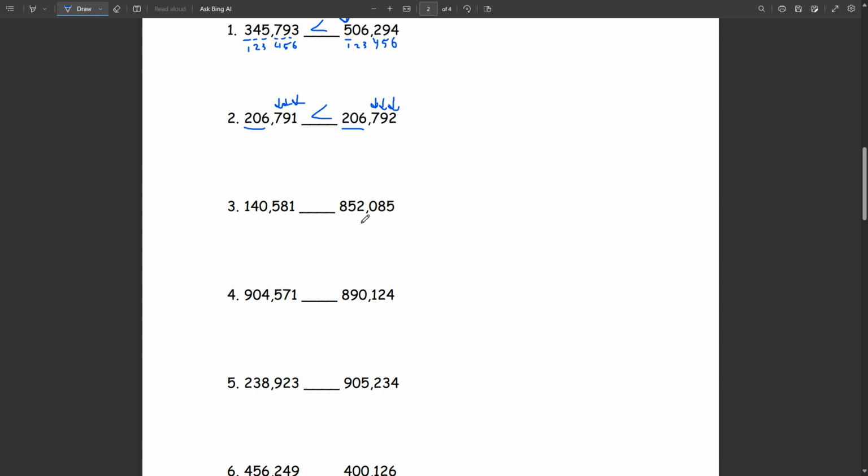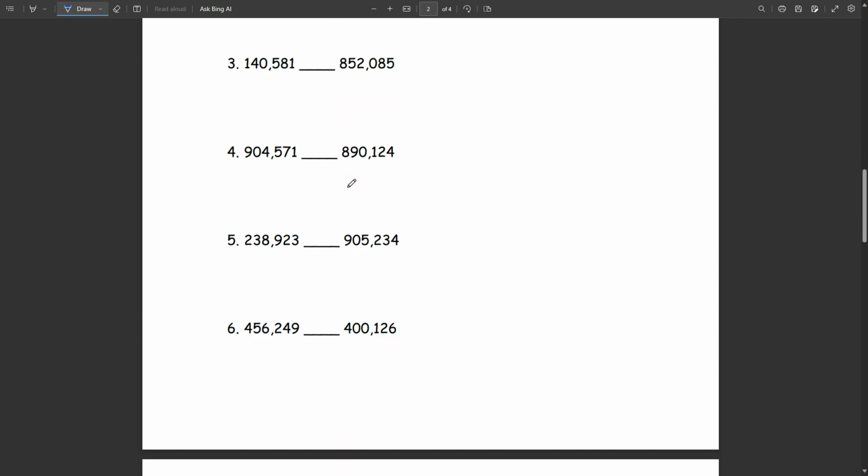And then let's do number 4. 904, we know that there's the same amount, so we look at the first numbers. 9 is greater than 8, so we can write this one is greater than that one. Number 5, we know that they're the same places, so we look at the first numbers. 9 is greater than 2, so 200,000 something is less than the 900,000.